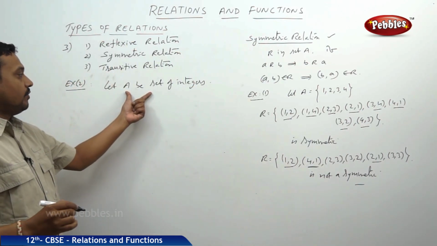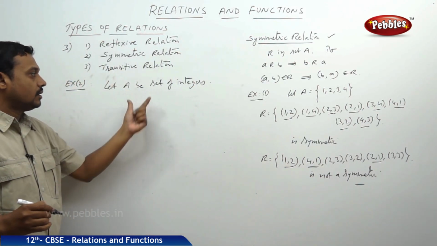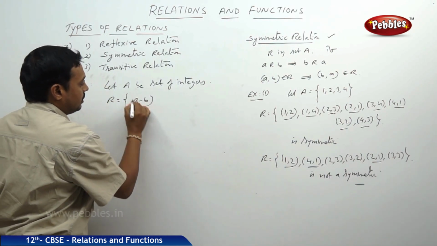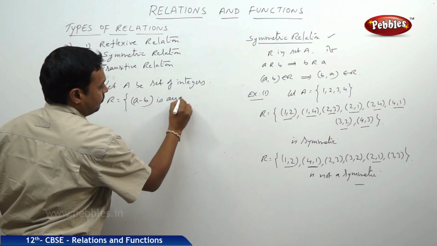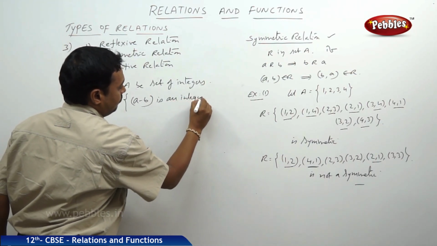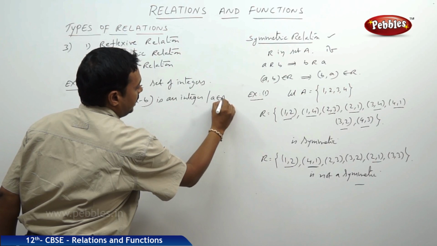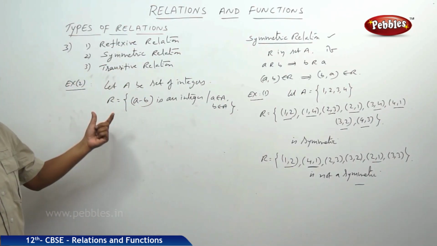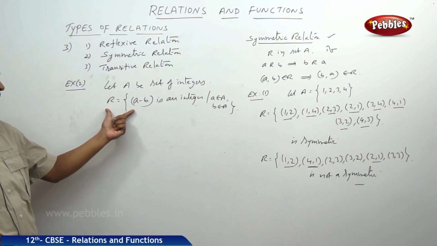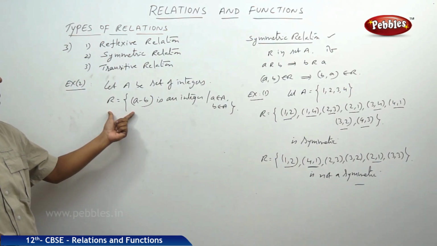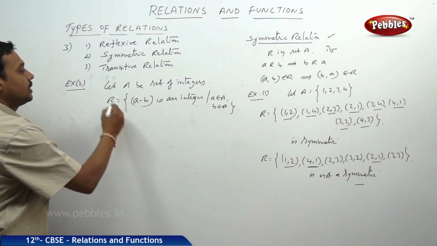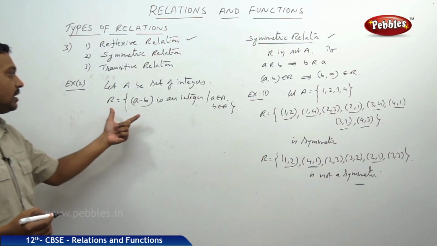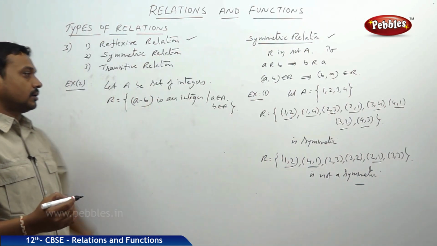Earlier we verified one relation: A minus B is an integer for a belongs to A and b belongs to A. Earlier, we verified this relation and it is already a reflexive relation. Now let us check whether the same relation is symmetric or not.